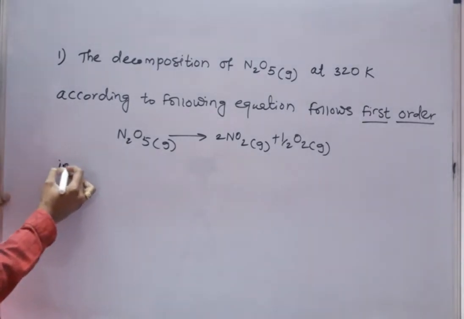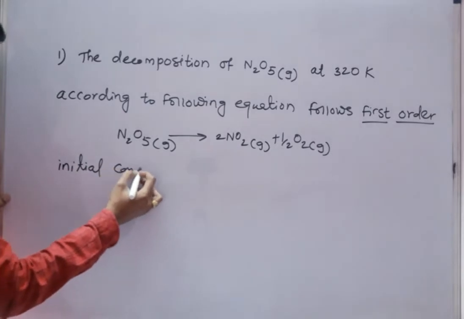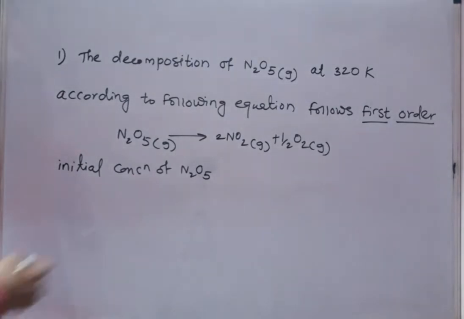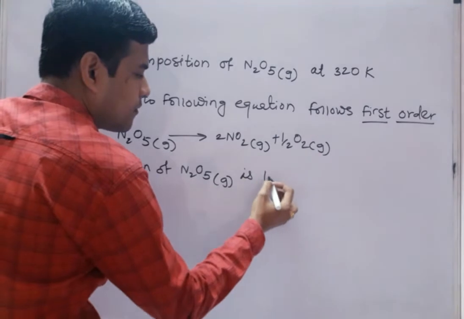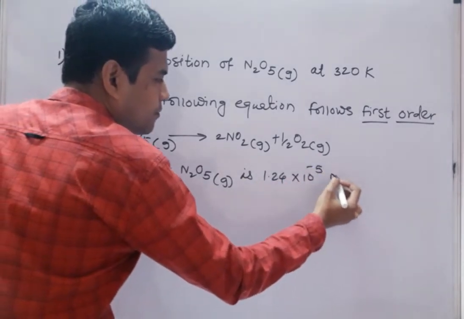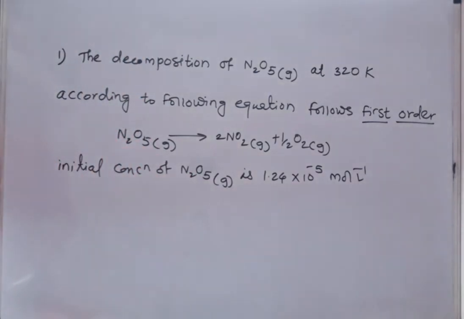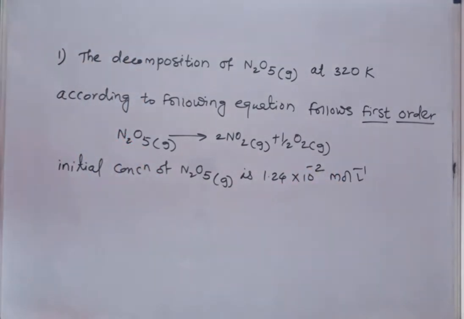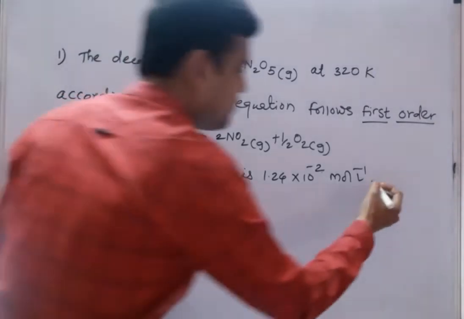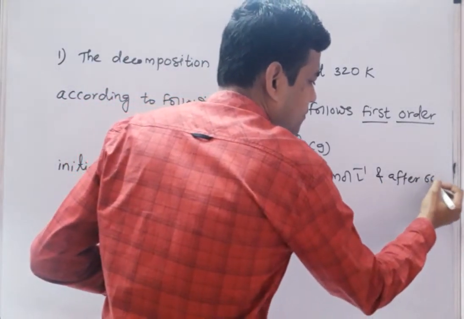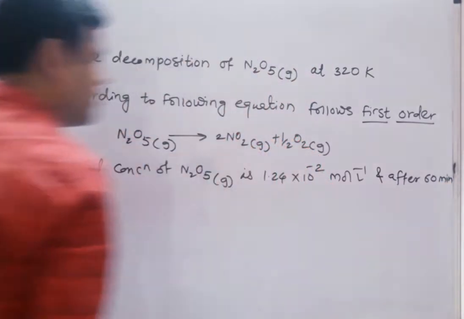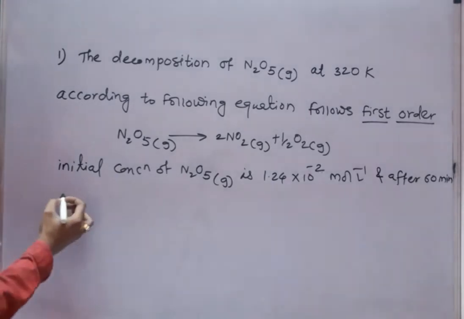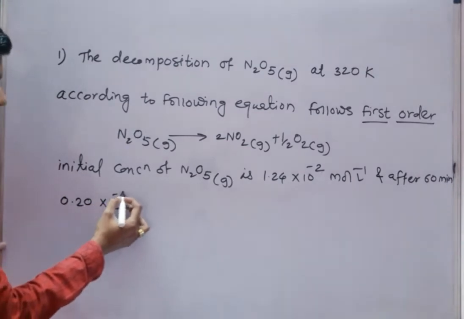Note down this numerical. The initial concentration of N2O5, this is the reactant, is 1.24 into 10 to the power minus 2 moles per liter, and after 60 minutes it is 0.20 into 10 to the power minus 2 moles per liter.